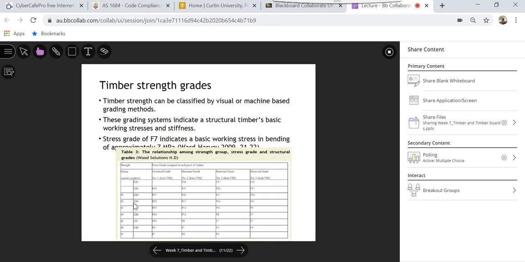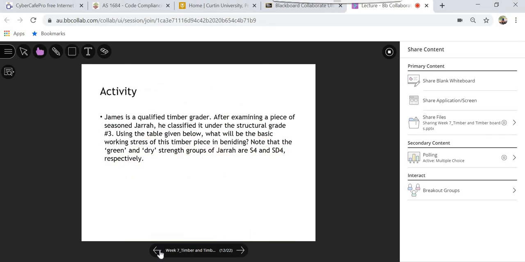Where is SD4? SD4 is here. Then it says visually it is structural grade 3. So from this one horizontally, and vertically we come with SD4. So the stress grade is F14. That means the basic bending stress is 14 megapascal under bending. That's how we decide the strength of timber.